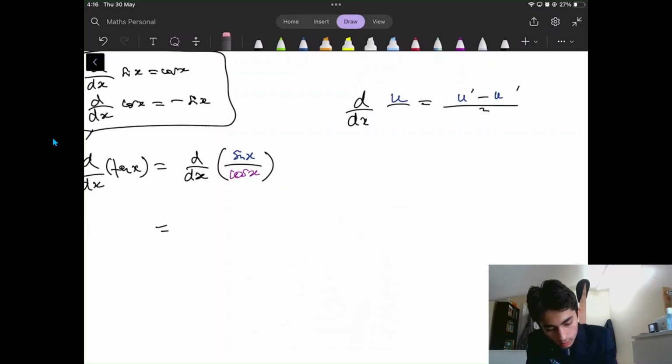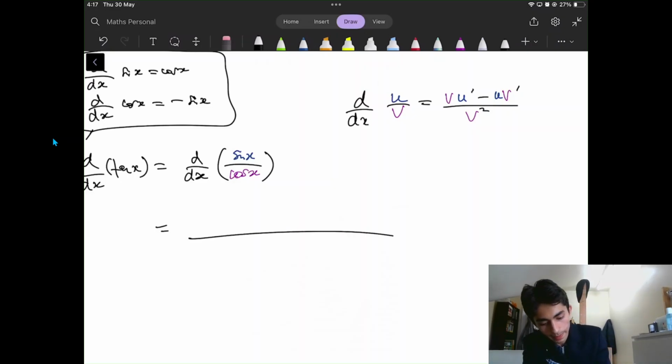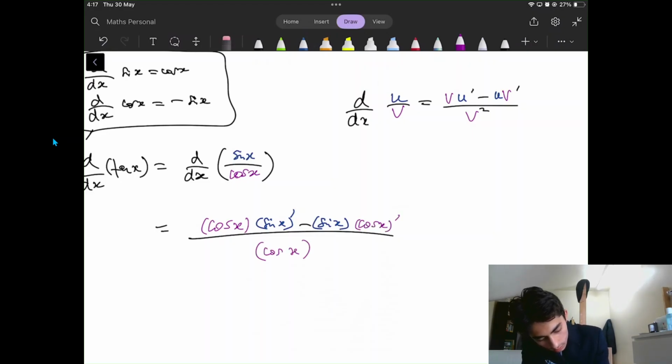Okay. Let's see. Yeah, there. Okay. So first we have vu prime, where v is just cosine, u prime is the derivative of sine. Right, I'll put a prime like this. Minus uv prime. u is sine, and v prime is cosine prime. Over v squared, or cosine x squared. Right?